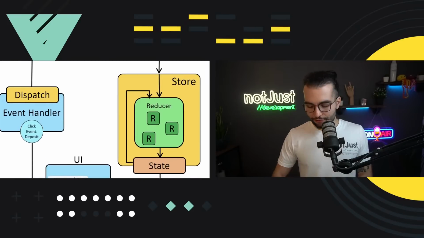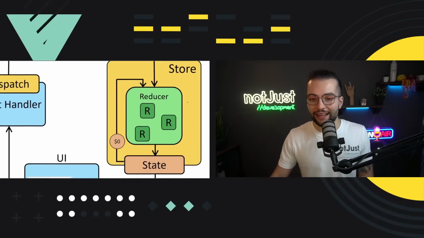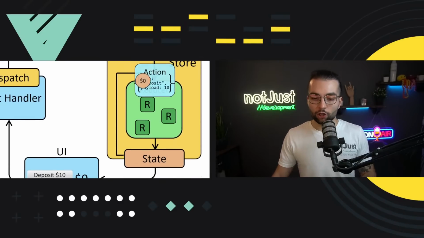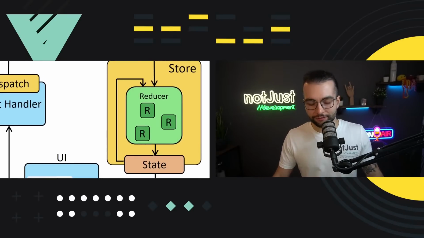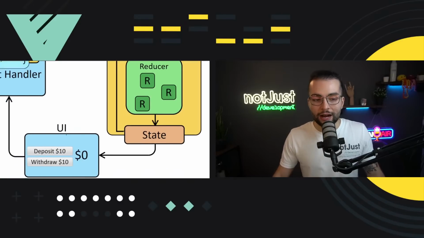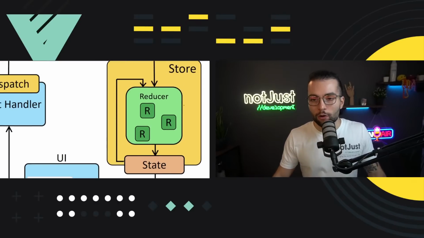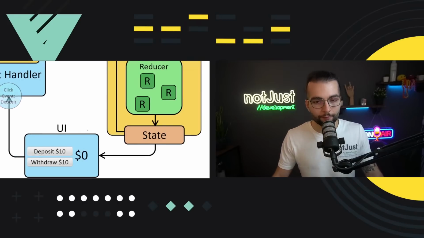The store is the main source of truth. This is where our state lives. This is the global state that we can access from anywhere in the application. Now, this state is consumed by the UI and is rendered on the screen. For example, shopping cart items are the state in our store. We get them in the UI, we render them there.